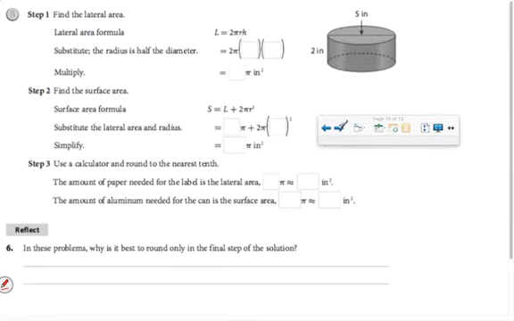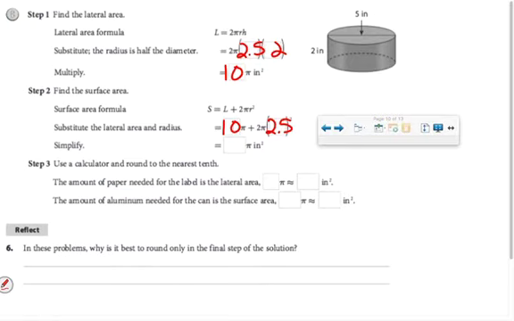Same idea for this problem. I know that my radius is 2.5 because it has to be half of the diameter that was given to me. My height is 2, so my lateral area is 10 pi. My surface area will be that 10 pi plus 2 times pi times r squared.